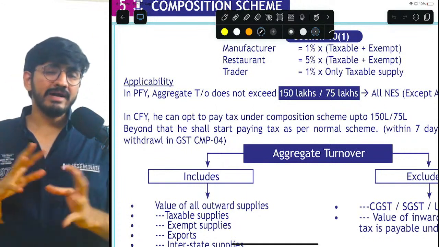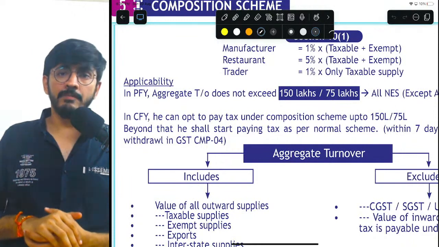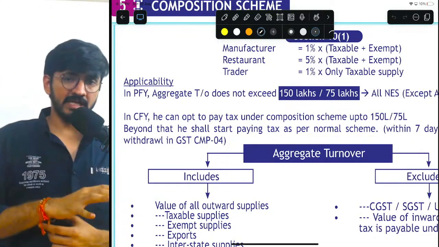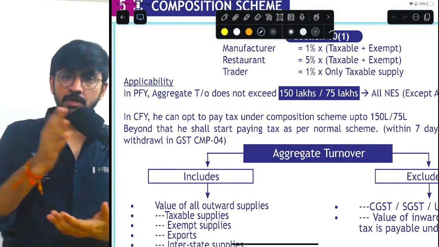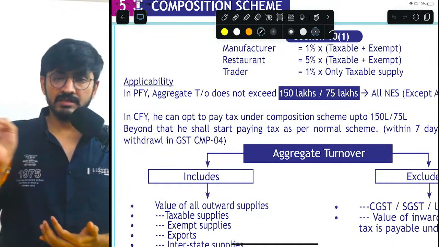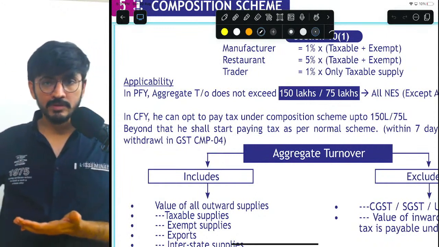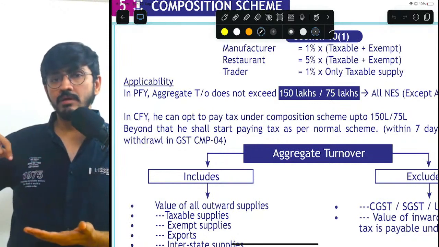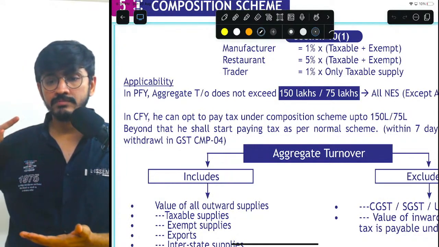Point number two: understand that last year it was, let's say, 100 lakhs, which is not exceeding 150 lakhs. So in the current financial year, you took composition scheme. Now that you've taken composition scheme, another thing: can you pay GST as per composition scheme for unlimited turnover?